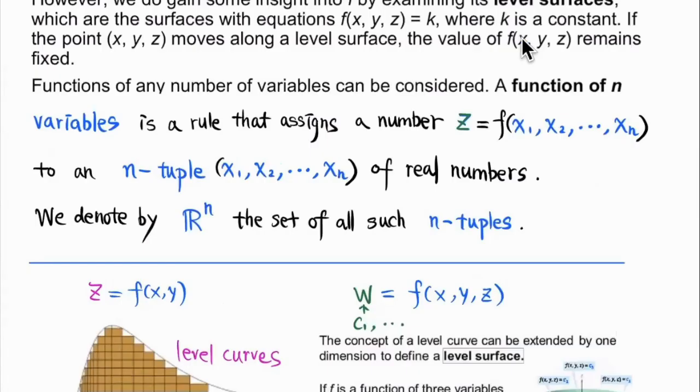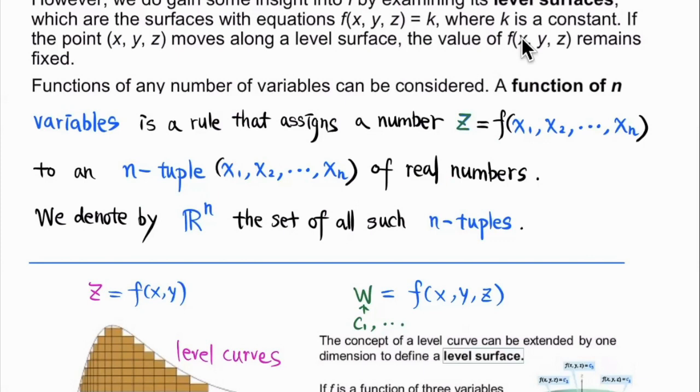Now we have function of two variables, function of three variables. We can have function of four variables or more. So a function of n variables is a rule that assigns a number, let's call it z, to an n-tuple of real numbers. This n-tuple here is x1, x2, dot, dot, dot, all the way to xn.